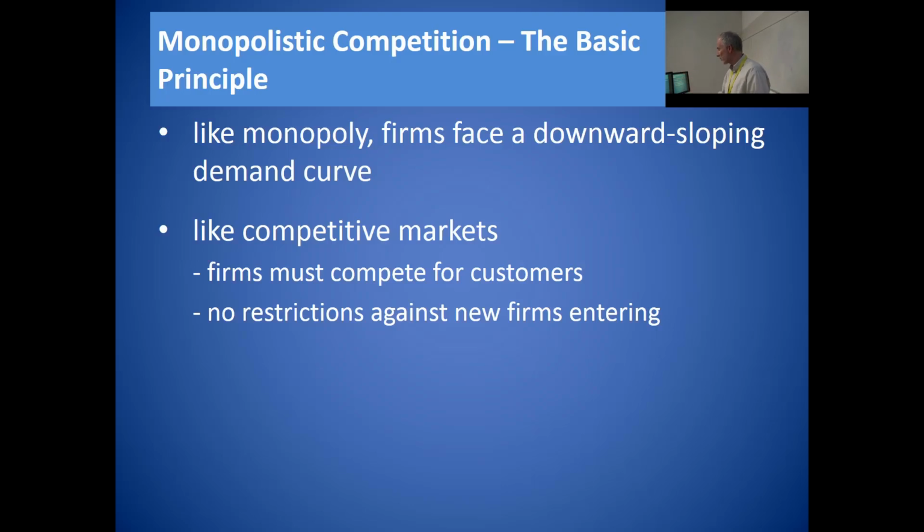And this idea that there are no restrictions against new firms entering the market, this is the aspect that's crucial. It's this aspect that results in a very distinctive equilibrium outcome within monopolistically competitive markets.